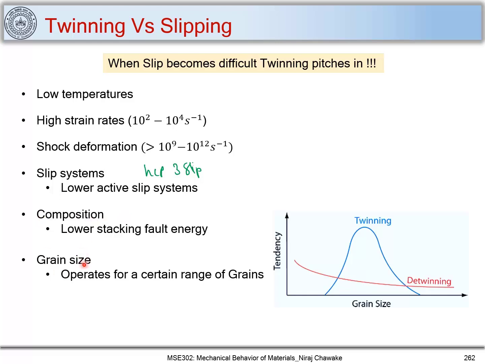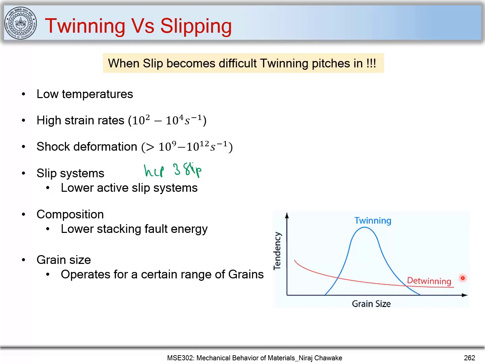And grain size. If we look at the tendency of twinning with respect to grain size, what we find is that twinning can occur for a certain grain size range. So the tendency for twinning to form in a material will be for certain grain sizes.